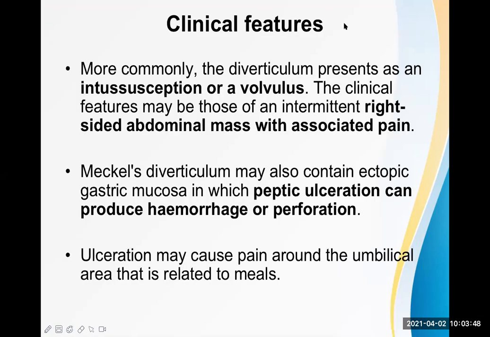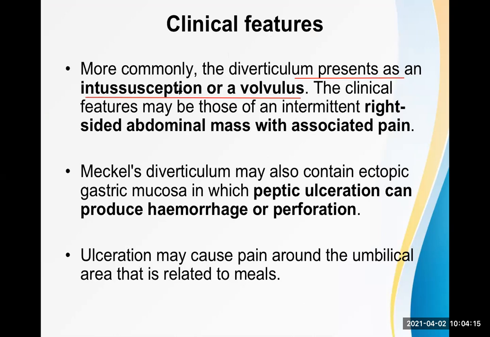Some other clinical features of Meckel's diverticulum: sometimes it presents as an intussusception or a volvulus. Why is intussusception present here? Because this Meckel's diverticulum, especially if it is inflamed, may act as an inciting site for intussusception.